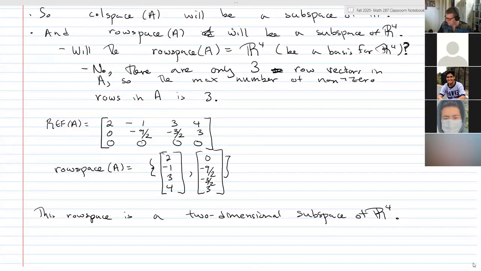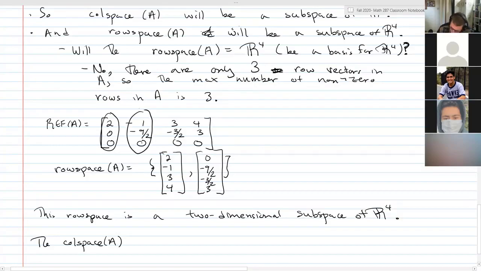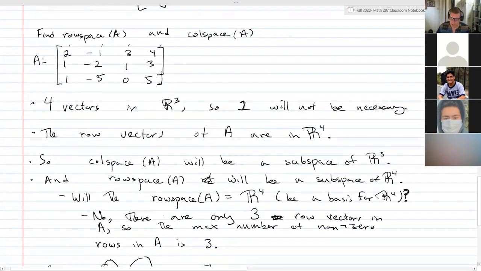And then if we look here, what we're going to have is the column space of A now. We'll notice that our pivots are going to be in the first 2 columns. So our column space of A is going to be the first 2 columns in the original A, column 1 and column 2.